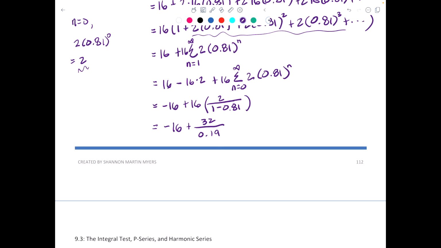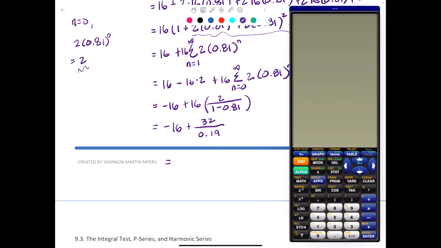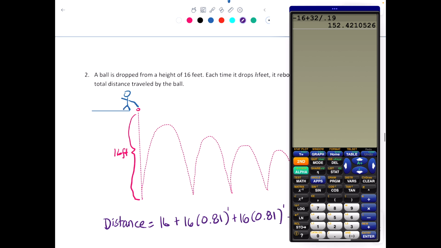And then when you compute that one, so we can get a regular number here, that would be negative 16 plus 32 divided by 0.19, and that's going to be approximately 152.42 feet. Cool so far? So let's make sure we answered the question.